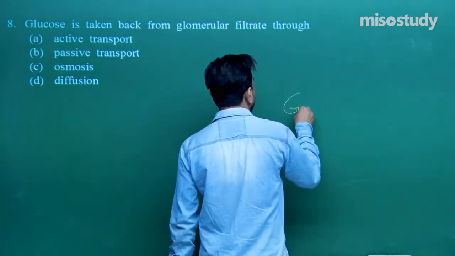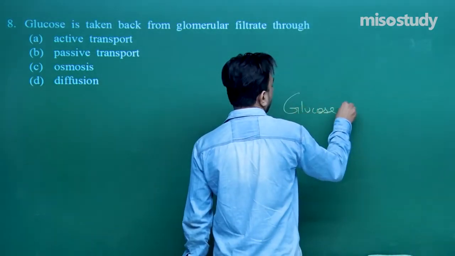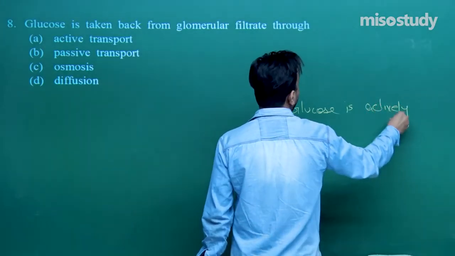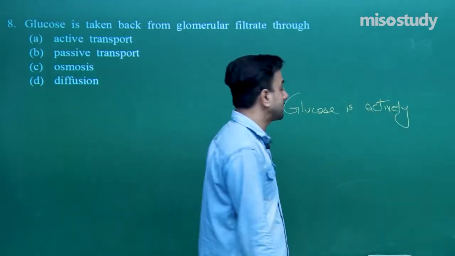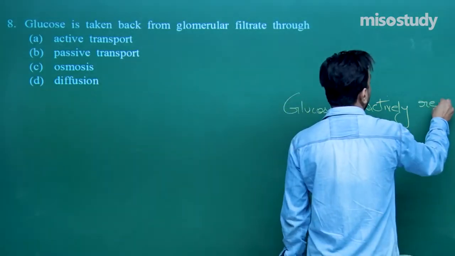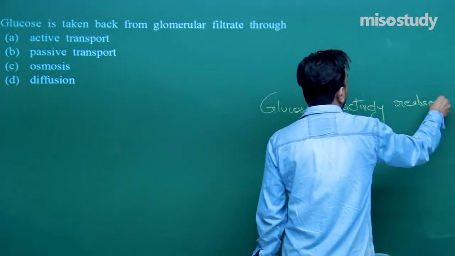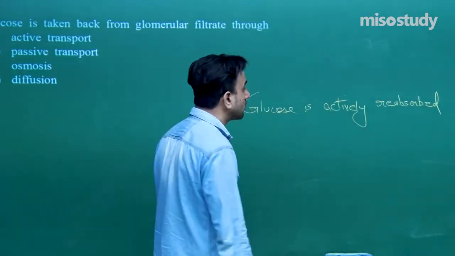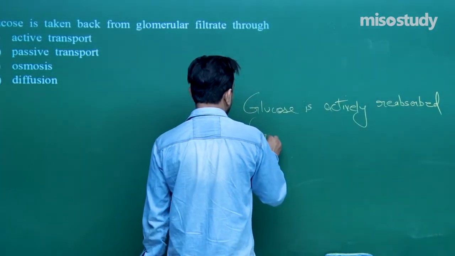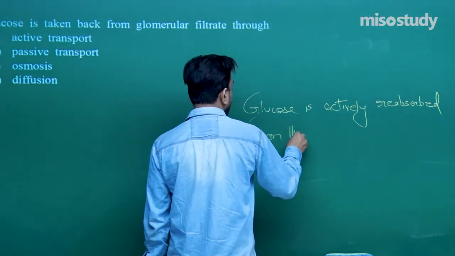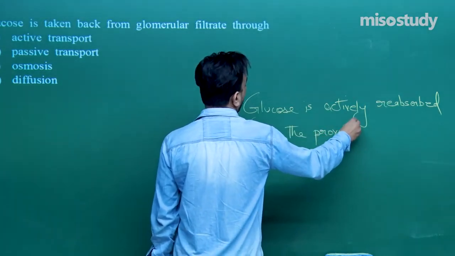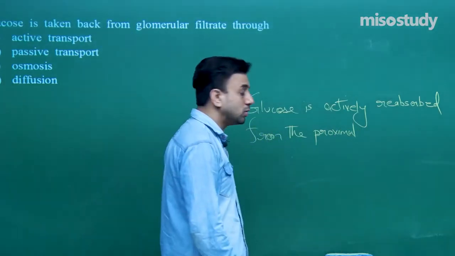So glucose is actively, this is the word, actively reabsorbed, right, from the proximal convoluted tubule, this is the 8th question.